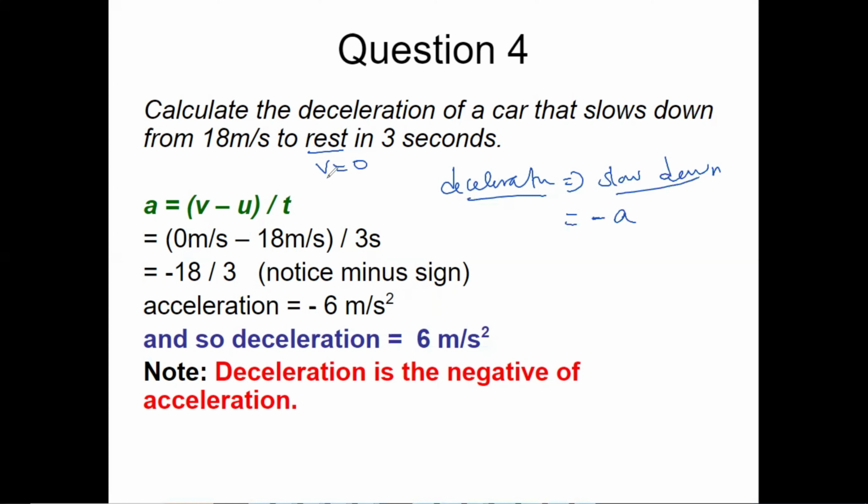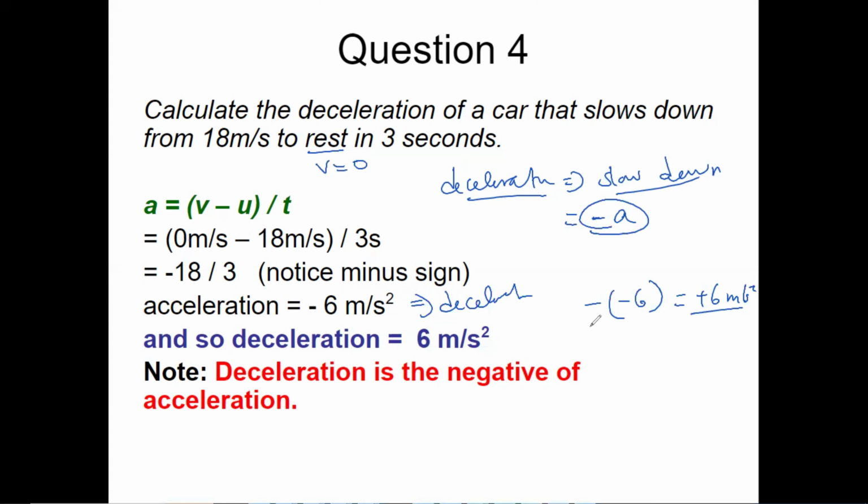So remember, this is not deceleration, this is acceleration. When acceleration is negative, it means there is deceleration. But for us to find the deceleration, we know very well that deceleration is the negative of acceleration. So the negative of negative 6 will give us positive 6 meters per second squared.